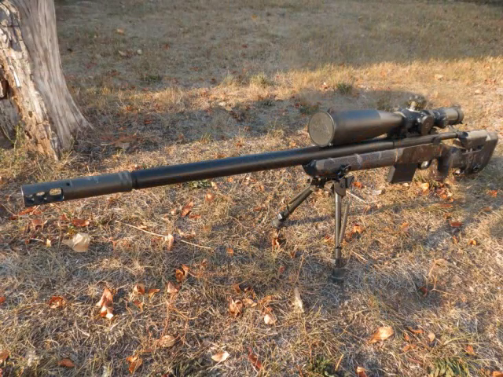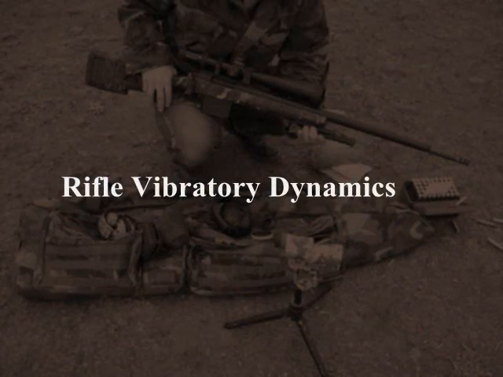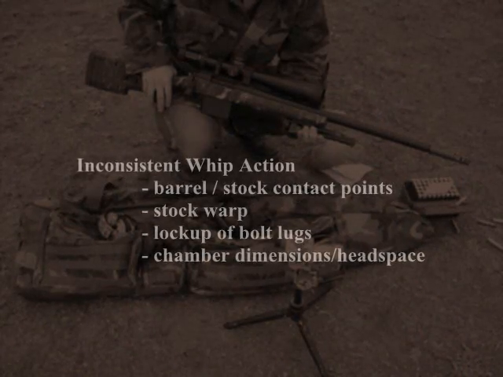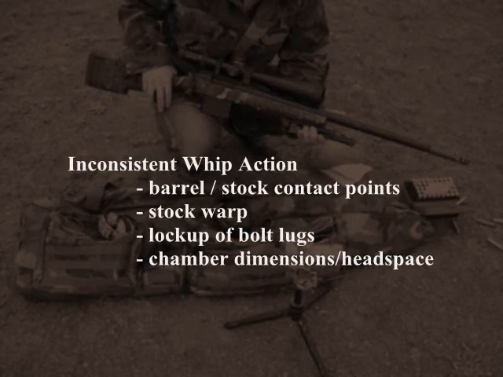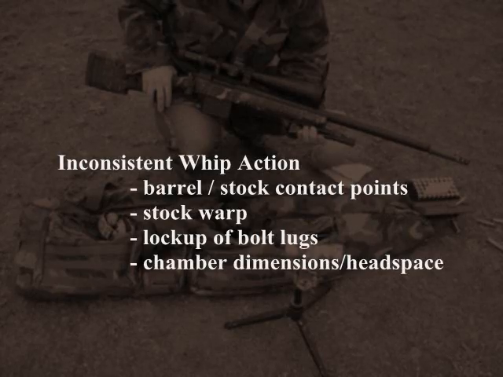So let's talk about rifle dynamics for starters, okay? So one of the major things we can talk about is barrel and stock contact points. This is one major cause of inconsistency in the vibration nature of the rifle.